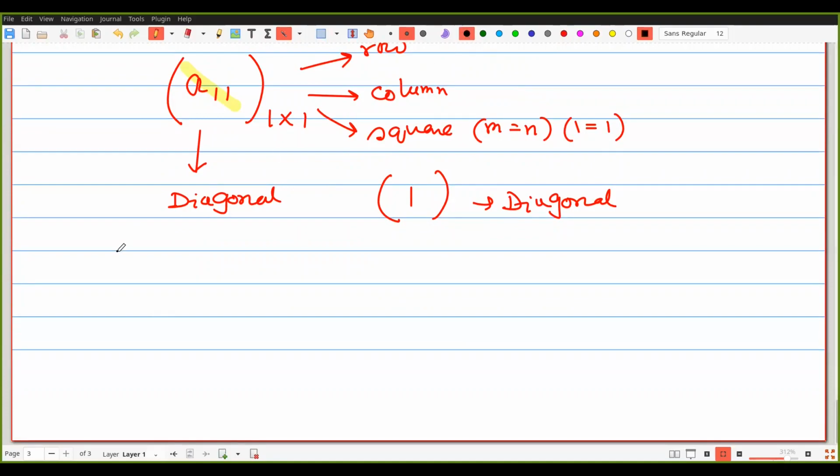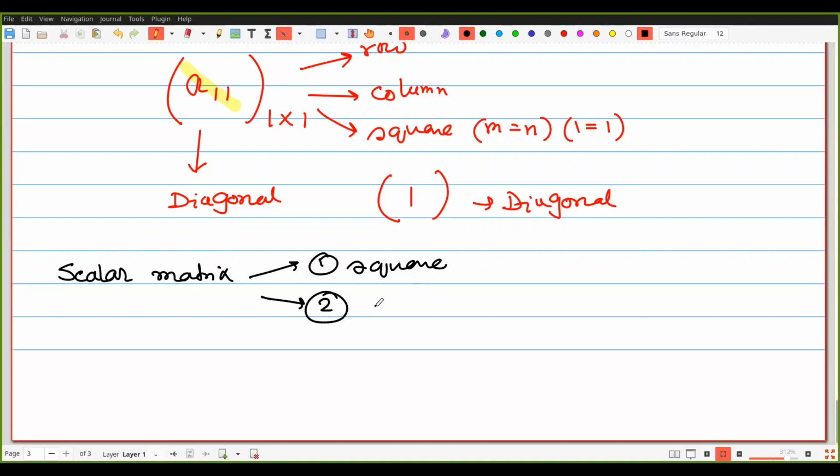That one is called the scalar matrix. A scalar matrix has to be, number 1, a square matrix, and number 2, a diagonal matrix. That means for any scalar matrix, it has to be a square matrix and it has to be a diagonal matrix.